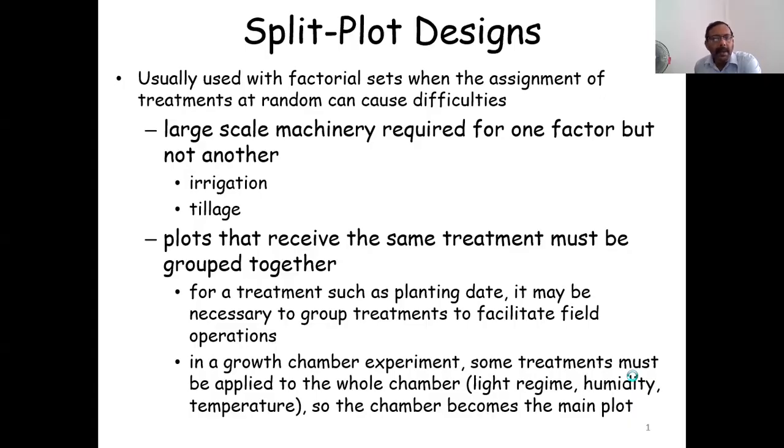You can take some notes on this. Take a growth chamber, for example. If you have visited your agronomy department, now they have the growth chambers, JICA funded growth chambers. In the growth chambers, you have cabins. Cabin 1, cabin 2, cabin 3.